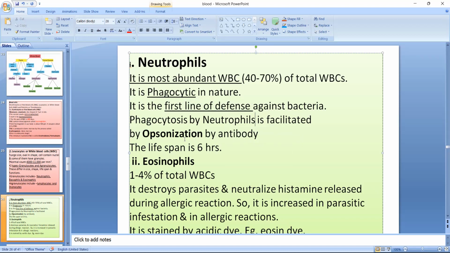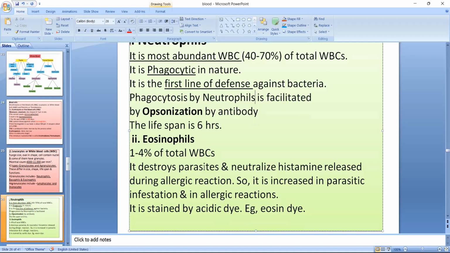Whenever many antibodies surround the pathogen, it is easily identified by the neutrophils. Then the neutrophils go and engulf the total immune complex, including antibodies. That is called opsonation. Anyway, their lifespan is 6 hours.